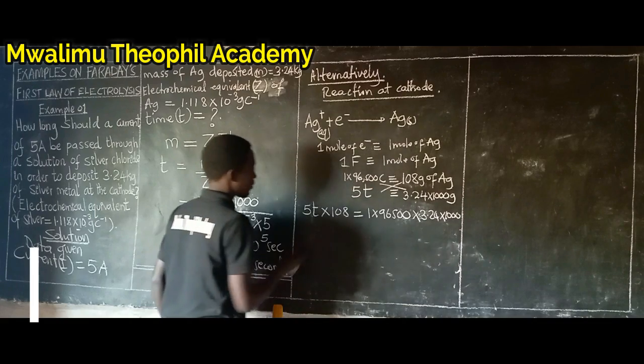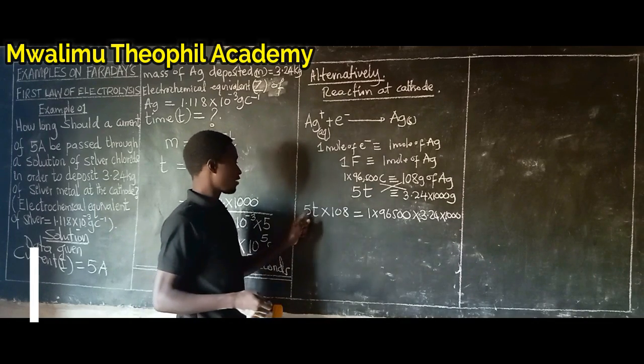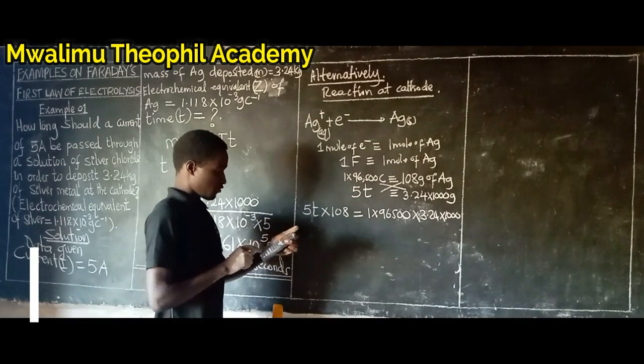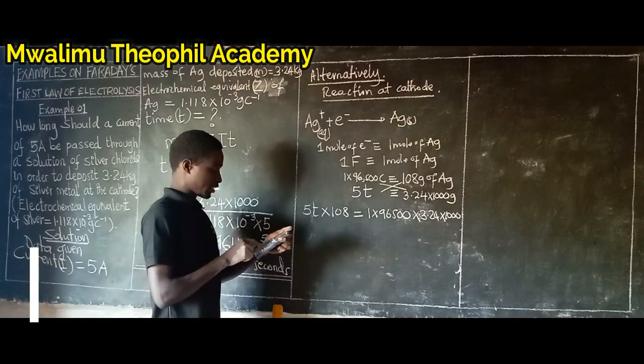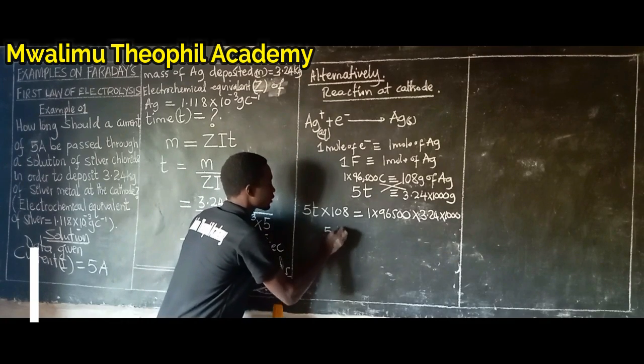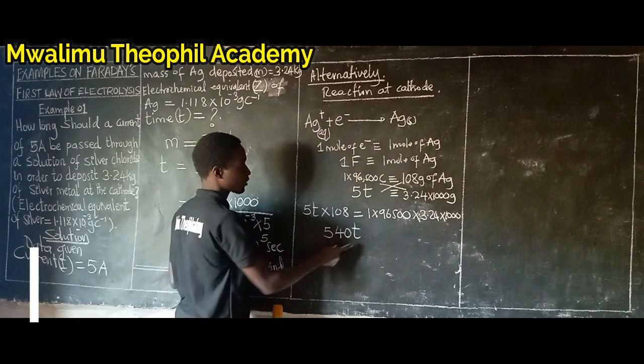Here we are going to get the values. Let us start by multiplying 5 and 108. 5 times 108, we are going to get 540t. As t is not known, you have to remember it at this time. Now we are looking for t.